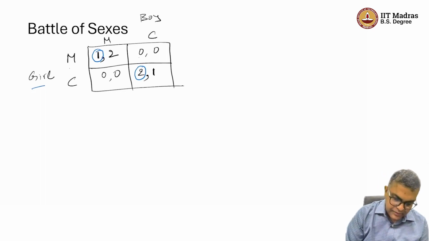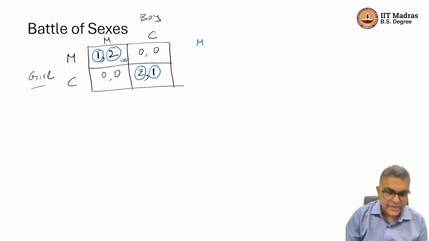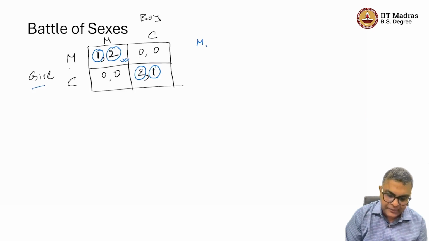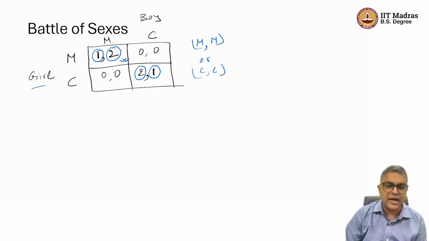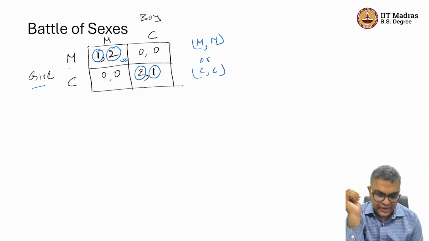You should check the other way also: if girl is going for movie, the best response from boy is also movie, and if girl is going for cricket, the best response is also cricket. So in this box they are playing each other's best response, so none of them will have any incentive to change. So M comma M or C comma C are two Nash equilibria in this particular setting.